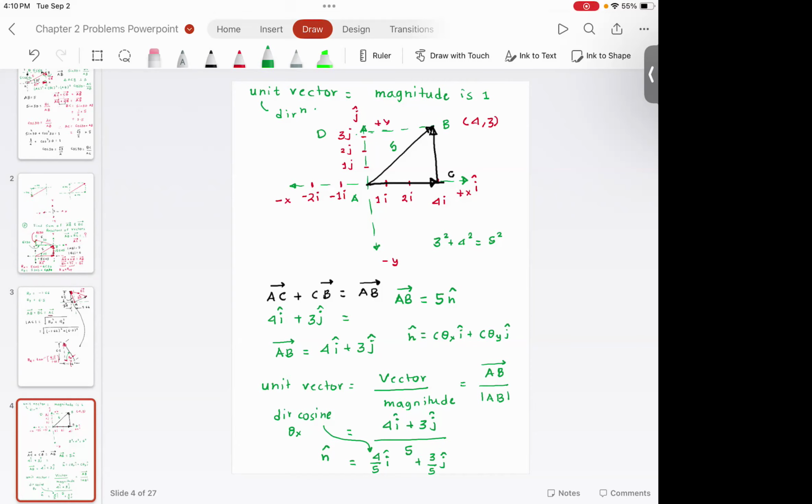I also gave you the hint that this is the direction cosine with respect to the positive x-axis. This is the direction cosine with respect to the positive y-axis. Find cosine inverse of 4 by 5. That would be the same as tan inverse of 3 by 4.